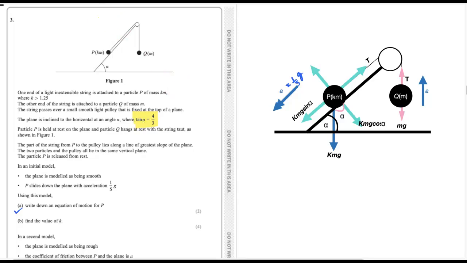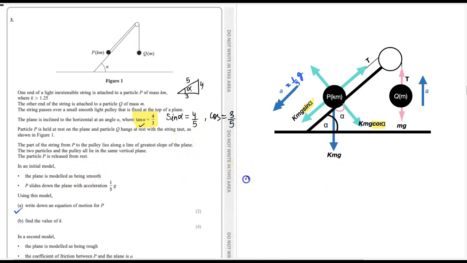Since we have sin alpha and cos alpha in the picture, we need to know their values. Let's quickly draw a triangle: alpha with tan alpha, TOA, opposite is 4, adjacent is 3, so the hypotenuse is 5. Sin alpha is 4/5 and cos alpha is 3/5. Correct? So I feel we've got all the values.